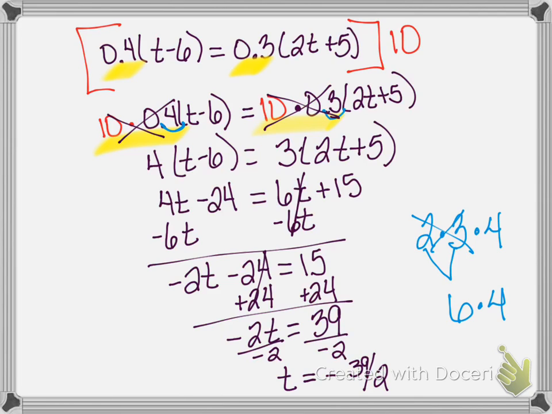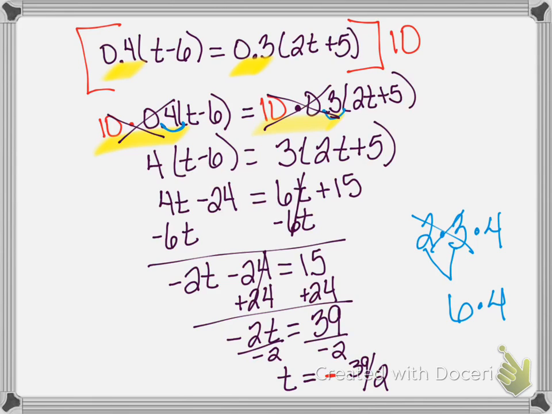Terrence? It would be negative 2 instead of 2. Oh, I've got my negative right here. It's on top of a word. Do you see my negative right there? Oh. Yeah. It's created with Doceri, and sometimes I lose stuff in there. But if you had written down 39 over negative 2, you would have been correct too.